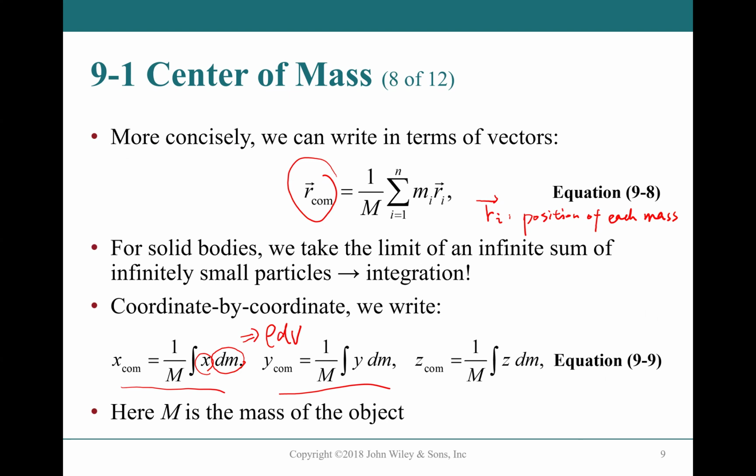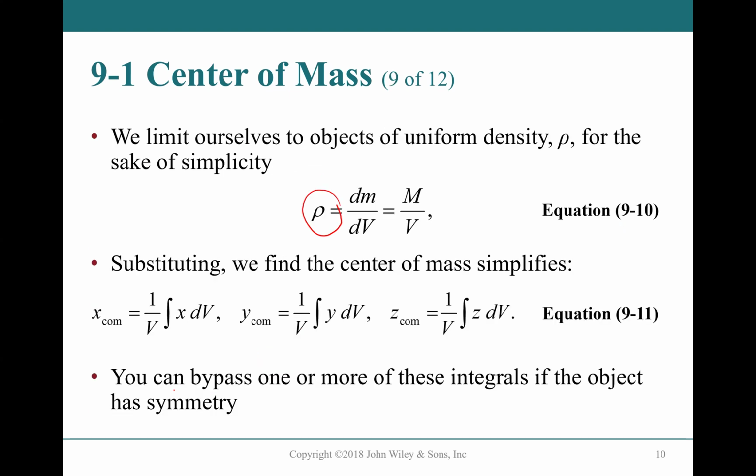If it's a uniform object. And the big M is rho V, okay? So it's x rho dv over rho V, the rho gets crossed out. Rho is the density, and you are going to get 1 over the volume times the integral of x dv, and for the y direction and z direction you have the same.